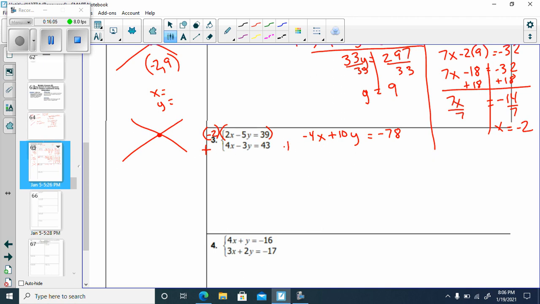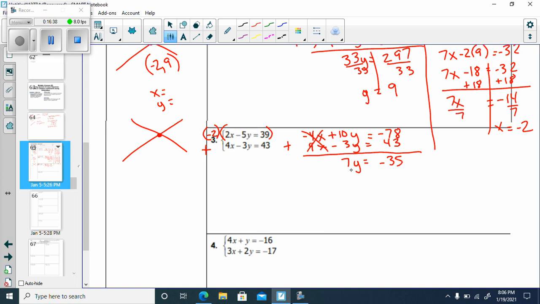Let's not forget that I've got 4x minus 3y equals 43. -4x plus 4x gives you 0, right? 10y plus -3y gives you 7y. -78 plus 43 is -35.